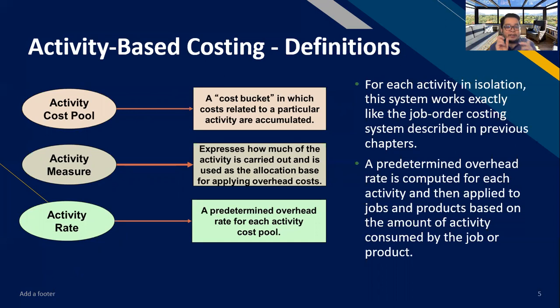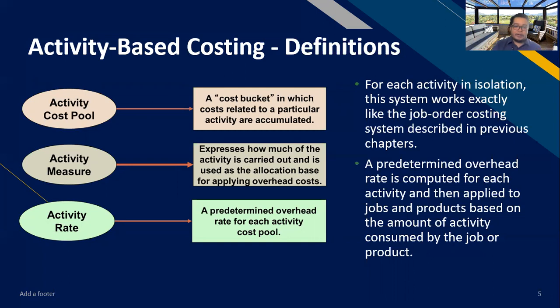But right now, we will accumulate those overheads into multiple activity pools, and each of those activity pools has a rate that will be used to apply the cost to the specific product. It's the same principle, the same procedures. The only difference is that rather than accumulating into one, we accumulate into multiple buckets, and those buckets will be applied to the products based on the drivers for each bucket.